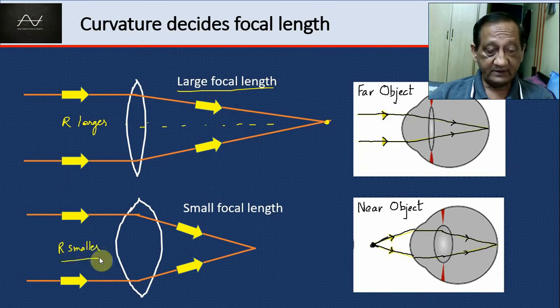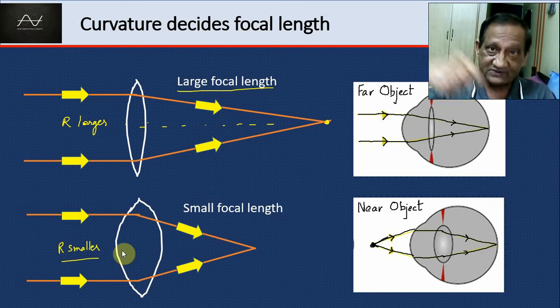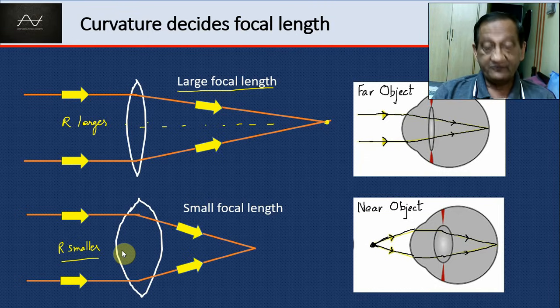To make the radius of curvature smaller, the ciliary muscles have to compress the lens, therefore they are under tension. If you're looking at a very far away object, then your eyes are not strained because the ciliary muscles are not strained. But when you're reading a book, you can't keep reading it for hours and hours together. You need to give rest to your eyes because the ciliary muscles are strained.